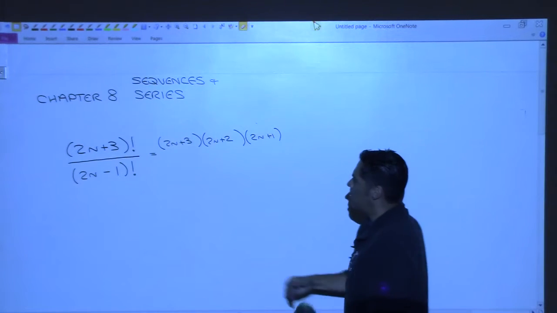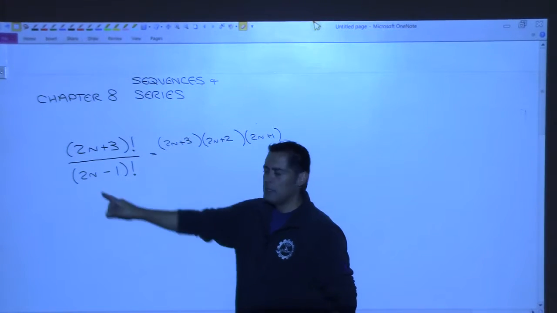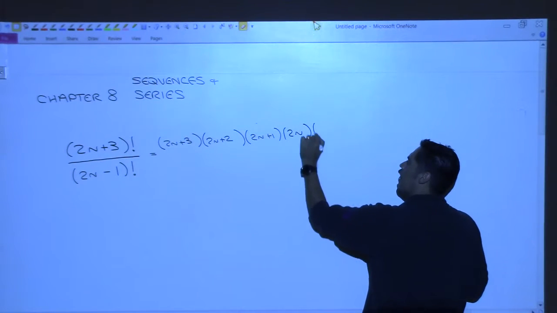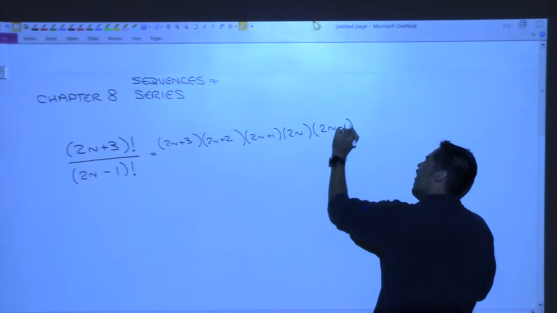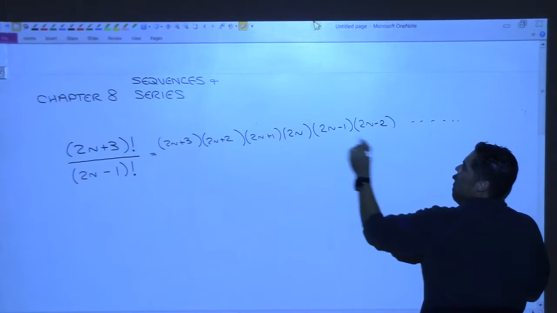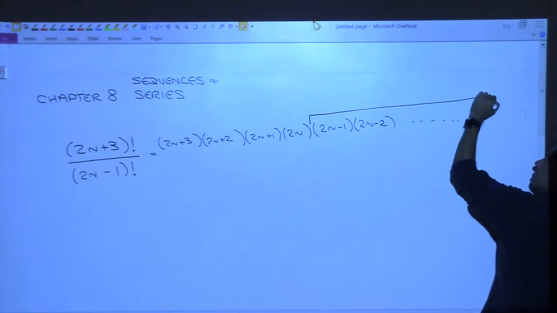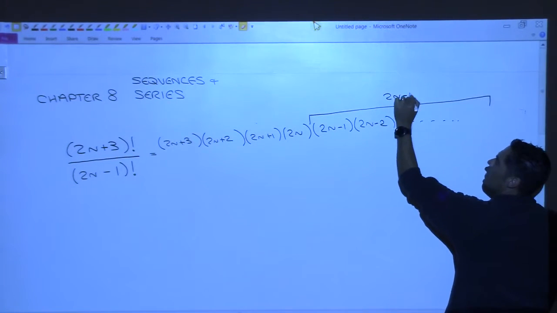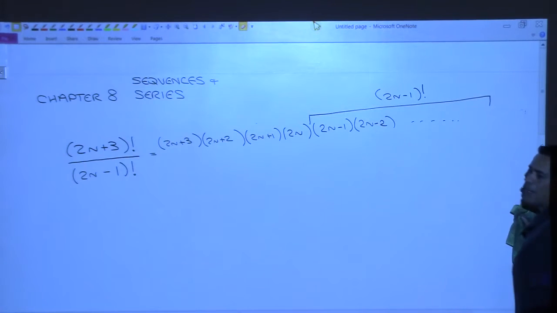All the way down to this. So this is 2n, next one 2n minus 1, then 2n minus 2, and that would keep going. Everything from here down is what? 2n minus 1 factorial.